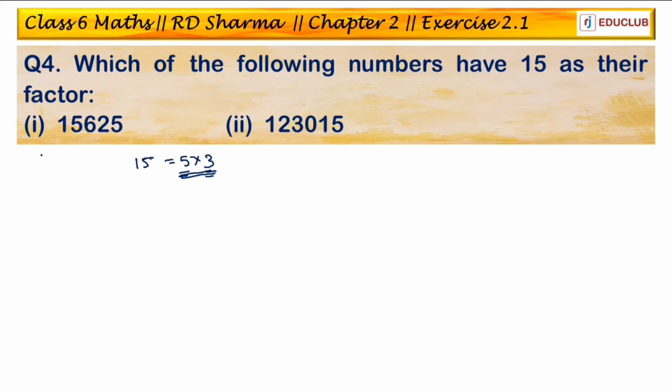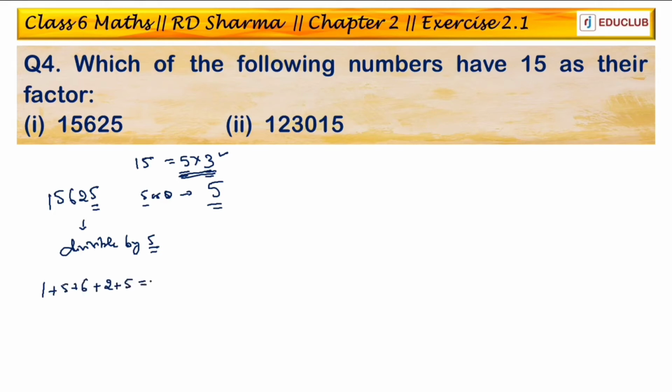Okay, now see, the number is 15625. Unit digit is 5. Okay, if unit digit is 5 or 0, then that number is divisible by 5. We know it. Now 5 is there, it means this is divisible by 5. Now let us see whether it is divisible by 3 or not. The sum of the digits is 1 plus 5, 6, plus 6, 12, plus 2, 14, plus 5 is equal to 19.